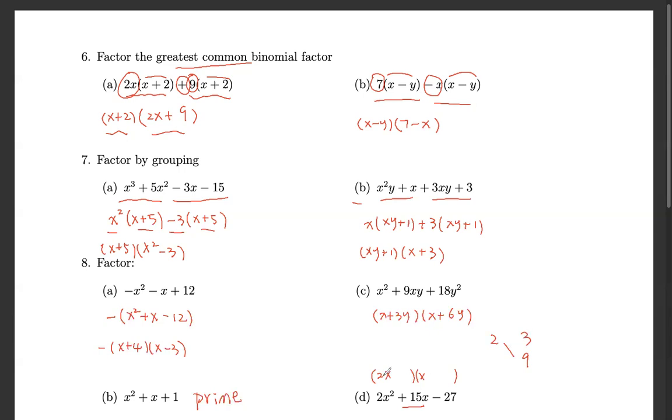Bingo. So we want 2x times positive 9. So 2x times 9 gives us 18x. Then we need a minus 3, so we have negative 3x. So 18x minus 3x, that's 15x.